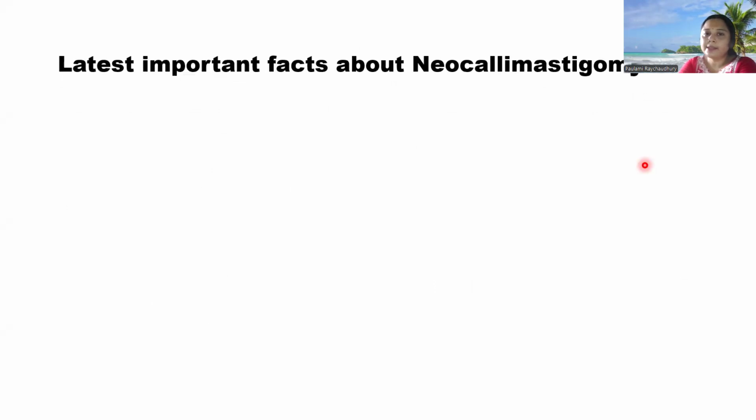Now, next, the important facts about Neocallimastigomycota. They are strictly anaerobic fungi found only in the guts of herbivores, especially ruminants like cows, sheep, elephants, etc. They cannot survive in oxygen, so they are obligate anaerobes. They lack mitochondria.